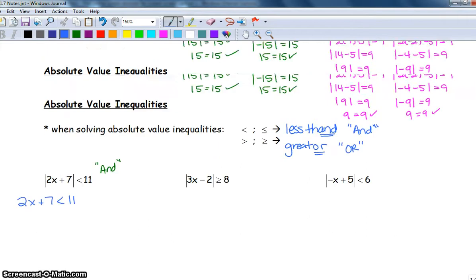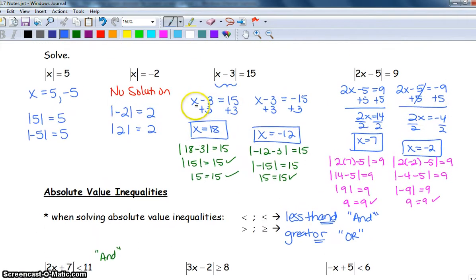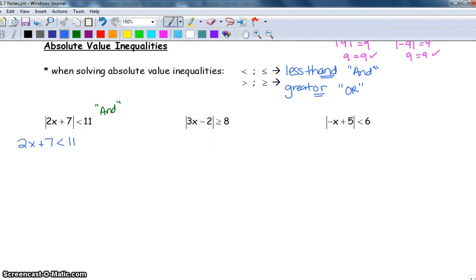Now above with our equations, we had that equals 15 and that equals a negative 15. We've got actually two changes to make with absolute value inequalities, not just changing the 11 to a negative 11. So we've got the "and," we rewrite the 2x plus 7.